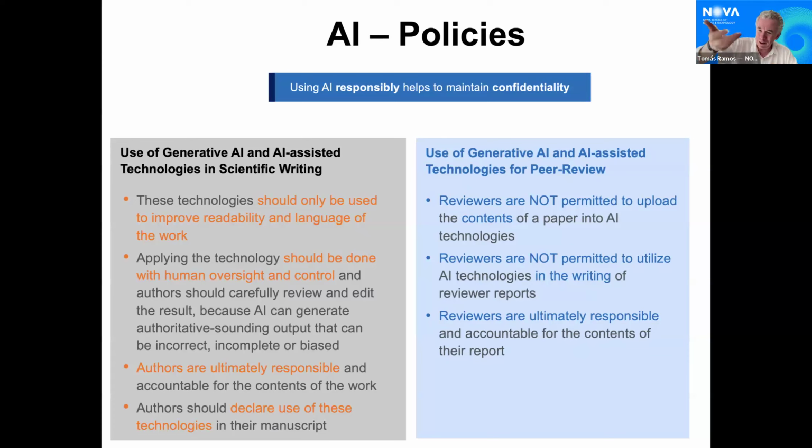Because when you upload a paper into AI, for example ChatGPT, the paper will be uploaded to the database, so it will be shared with other people. So the reviewers are not allowed to upload papers to AI software.